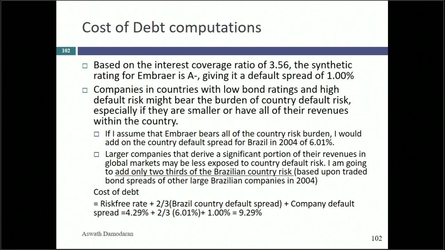Until 2017, there was another reason why the effective tax rate was lower than the marginal tax rate. The US tax code was the most perverse tax code in the universe. Because until 2017, here's how the US tax code worked. If you're a US company, a multinational, and you made income in the US, you were taxed at 40%, but if you made income in Hong Kong, it was taxed at 15%.